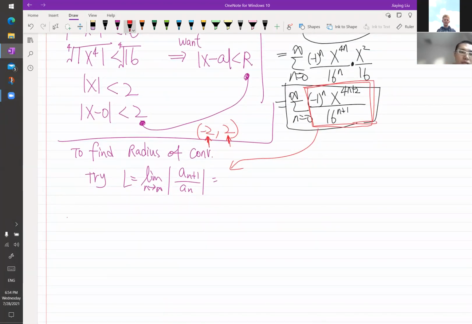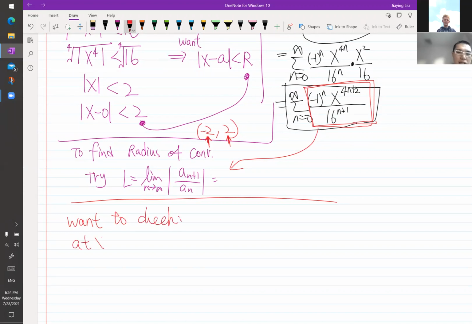So you also want to check at x equals 2 to see if the series is convergent. Just put 2 there, 2 to the 4n plus 2 over 16 to the n plus 1.